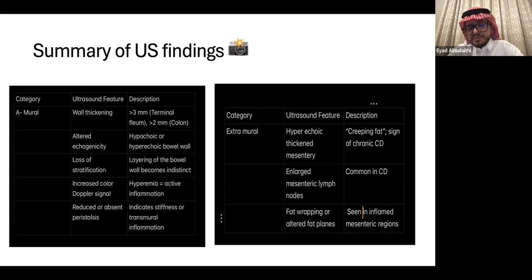Now, if you have most of these findings, you can suggest it's more and more of IBD, and you have to correlate it with other findings.